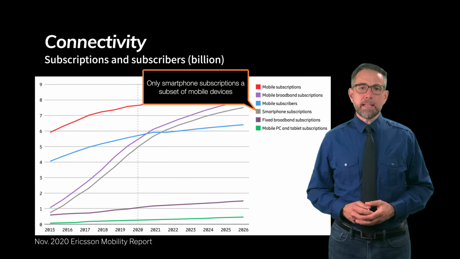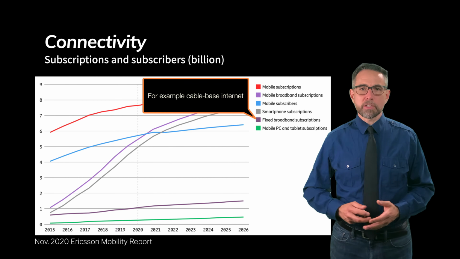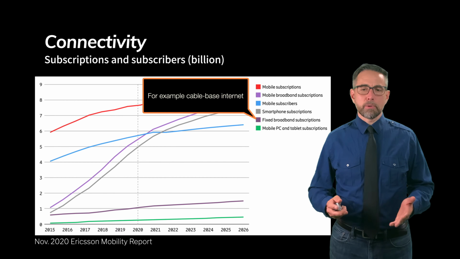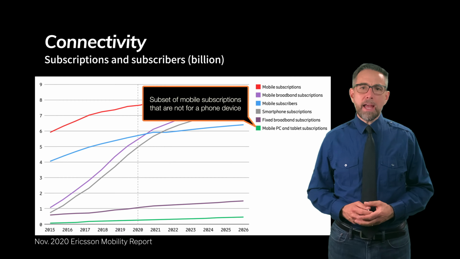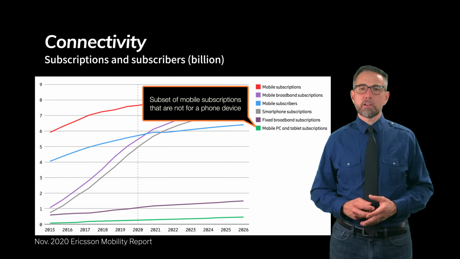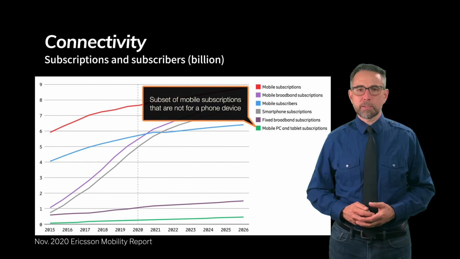The gray is a subset of the mobile devices, only the ones that are the smartphone subscriptions. We have broadband subscriptions, so these are subscriptions to broadband through an ISP at a home or some other fixed location as opposed to mobile. And then we have it broken out according to the subset of mobile subscriptions that are not for a phone device, typically mobile PC, hotspot, tablet subscriptions.